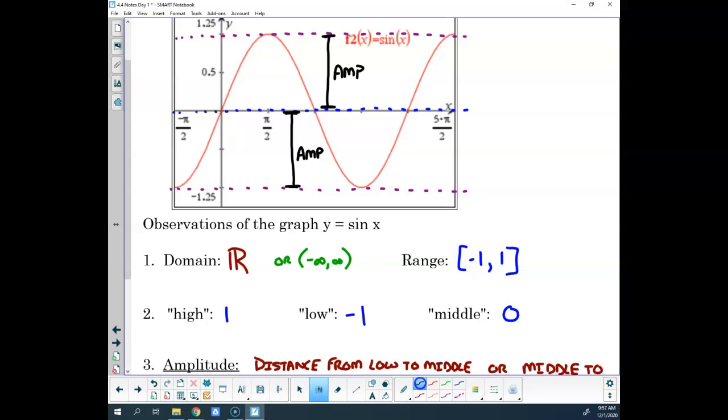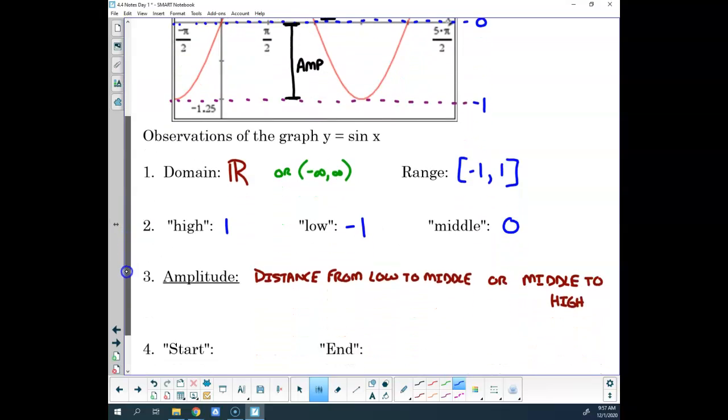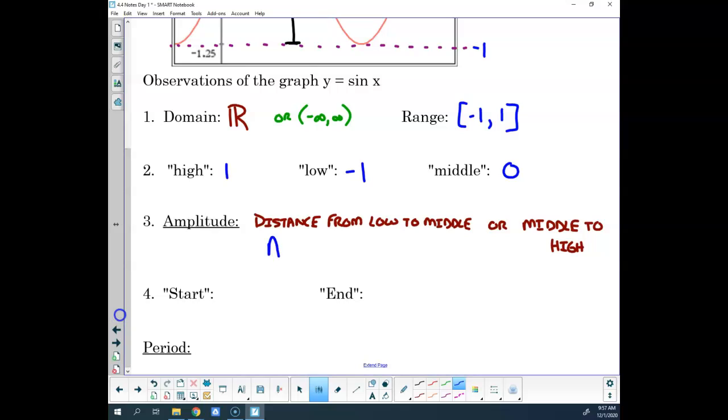Well, if my middle is at 0 and my high is at 1 and my low is at -1, what are those two distances? 1. So in this particular case, my amplitude would be 1.